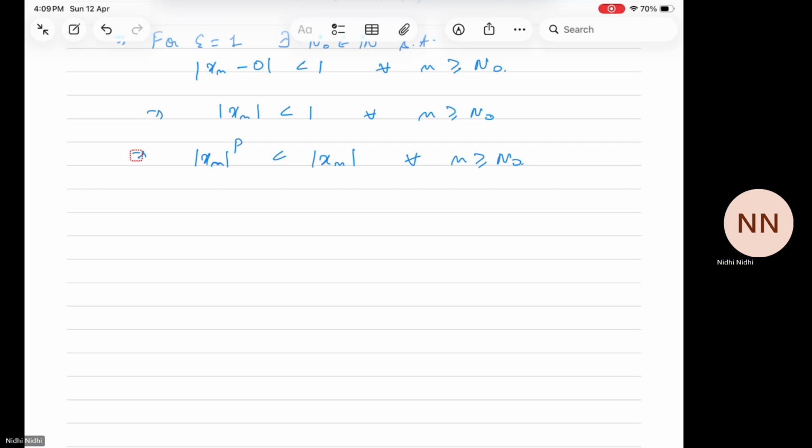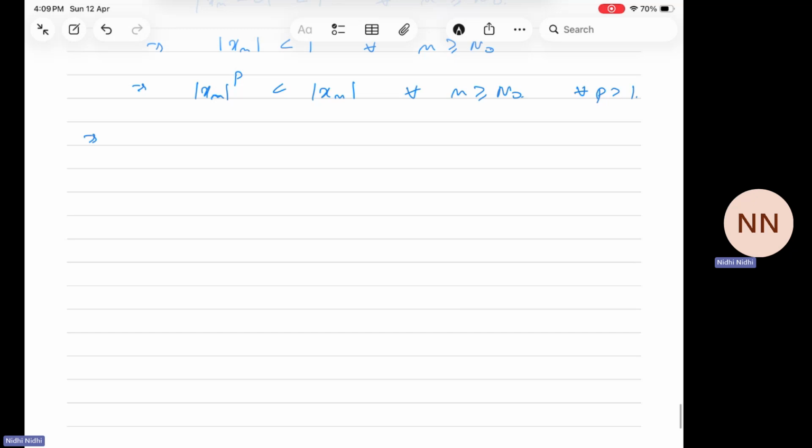Because we know that if a real number is between 0 and 1, its power p will be less than its power 1 for p greater than 1. Now that means this summation n from 1 to infinity of mod xn to the power p is equal to the summation n from 1 to n naught of mod xn to the power p, which is just a finite sum, plus the summation n from n naught to infinity of mod xn to the power p.